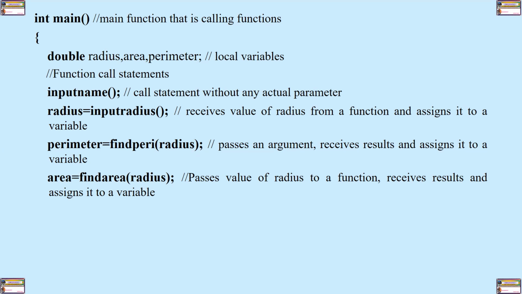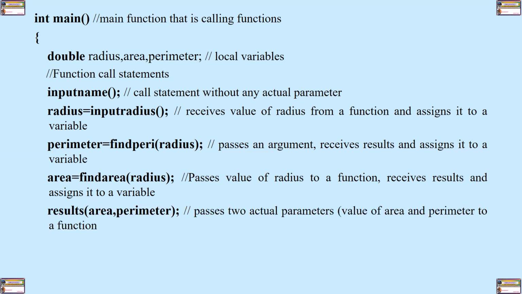So this call statement is invoking the function called find area, and it passes that function one argument, the value of the memory location called radius.